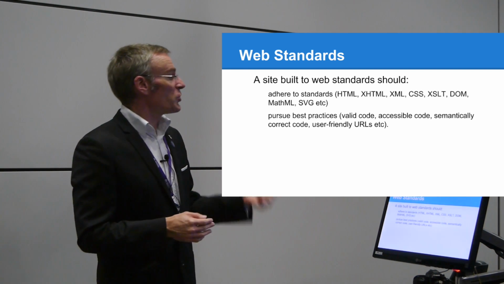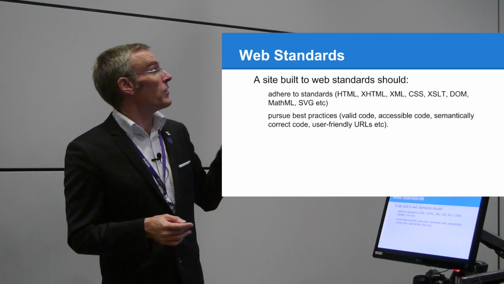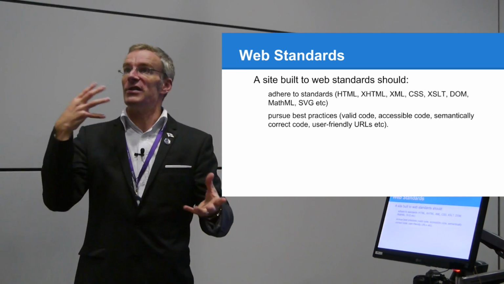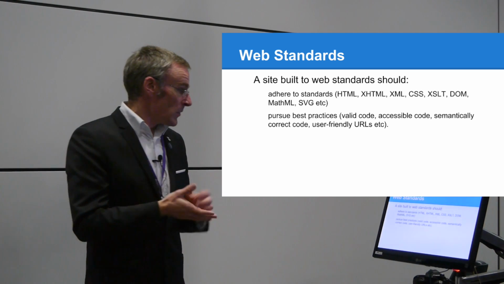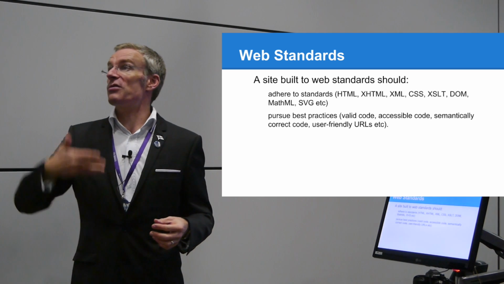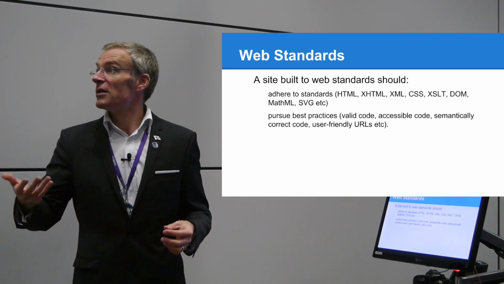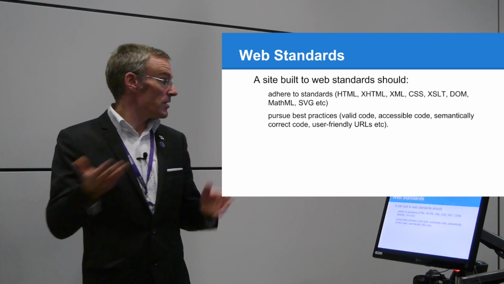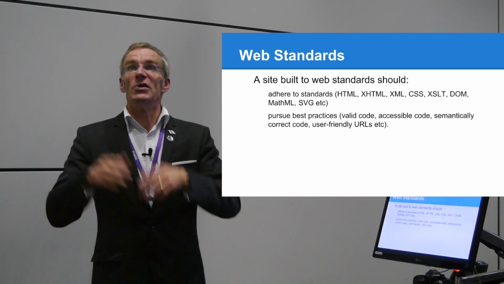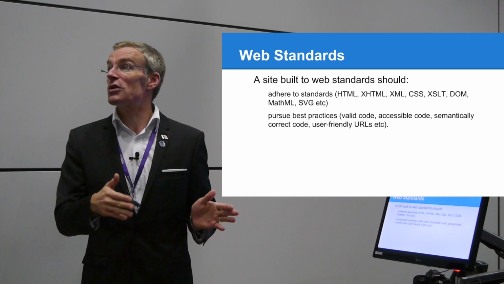So you've used HTML5, for instance, and CSS, they're web standards. You're using HTML and CSS in standard ways. Your code validates, so when you put it through the validator, there are no errors in it. If you do that, you are producing web standard code, and you're adhering to web standards. So we've been doing it all along, I just haven't told you what it was called.